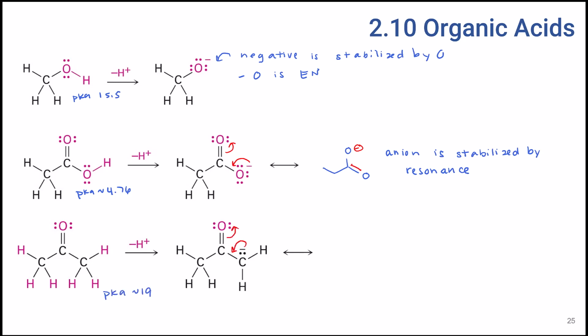So here we have some resonance stabilization as well. There's resonance stabilization here, but it's not as strong as with the acetate ion because we're stabilizing between a carbon, carbon, and oxygen versus the oxygen, carbon, and oxygen. So oxygen's better at holding the negative charge, which is why the acetate is going to be a stronger acid.